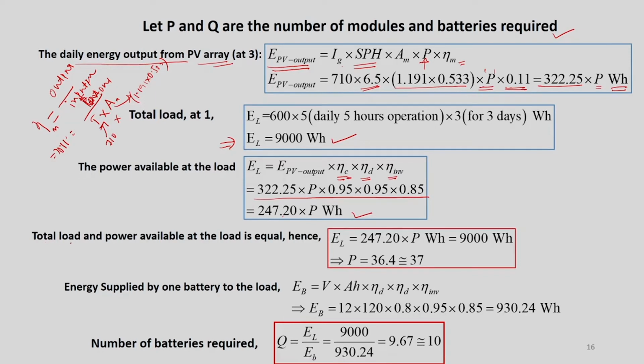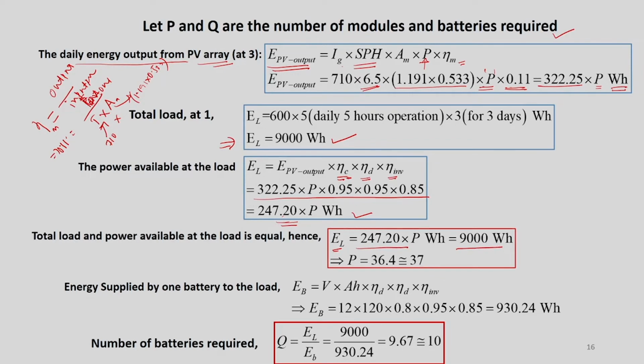Now, the total load and the power available at the load are equal, right, because that much power we have to generate, and that has to be equal to the amount of energy required on a daily basis or for meeting all those 3 days, okay. See this, for our problem it is for 3 days, okay. So, EL is equal to this.